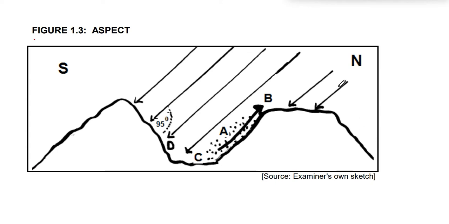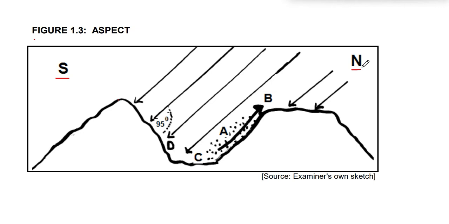This slope from this position downwards is facing southwards, so it's a south facing slope, and on this side is a north facing slope, because it's facing in that northern direction. I hope you get that.